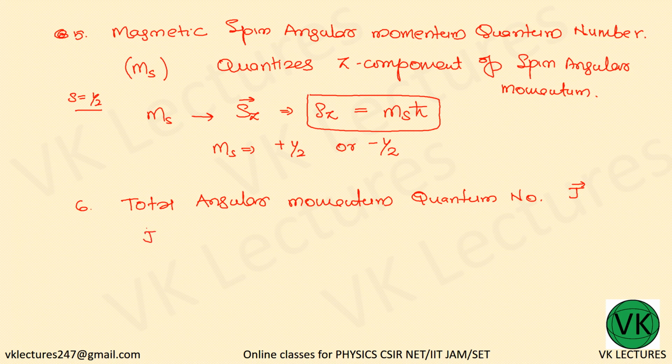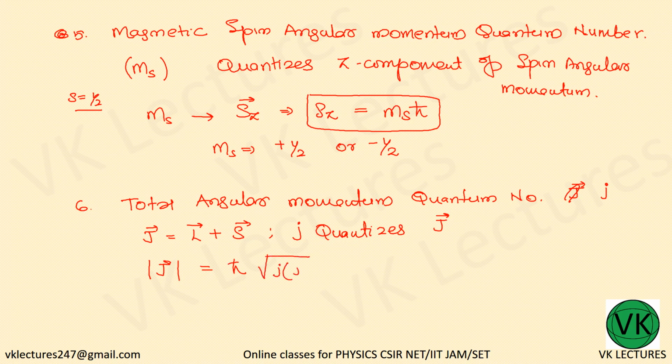You know that the total angular momentum J is equal to L plus S, and it quantizes the total angular momentum J. And how does it quantize? So the magnitude of J is equal to h cross root of J into J plus 1.